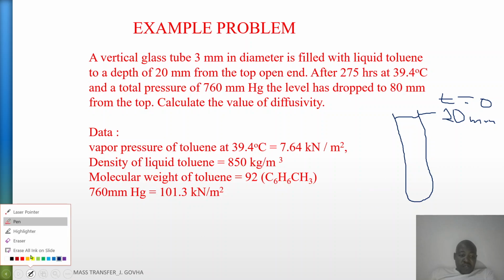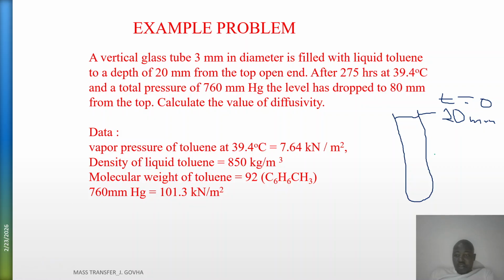So we are saying that we will drop to somewhere there, where we now have 80 millimeters from the top. So we've moved from there to there. So we want to use this to calculate our diffusivity.